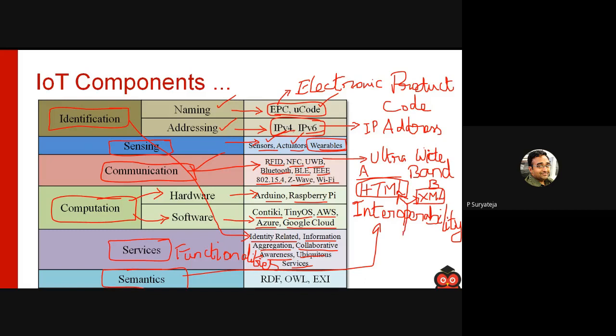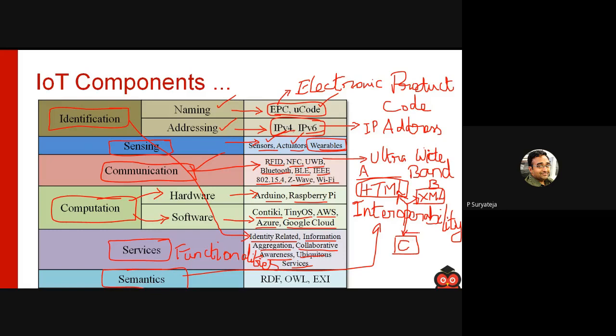So there should be some middleman, some other format, let's say some format C. It converts XML to some intermediate format, and then converts that intermediate format into HTML for A. Similarly, when A sends HTML, it converts that HTML into XML.